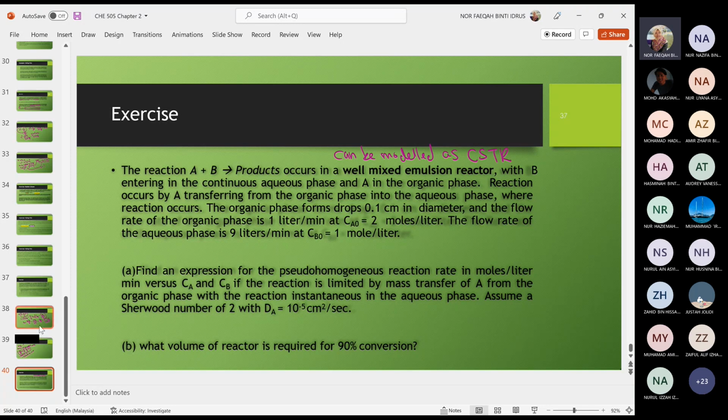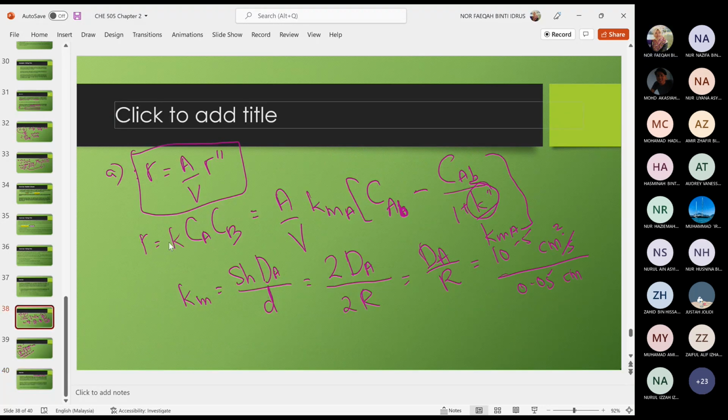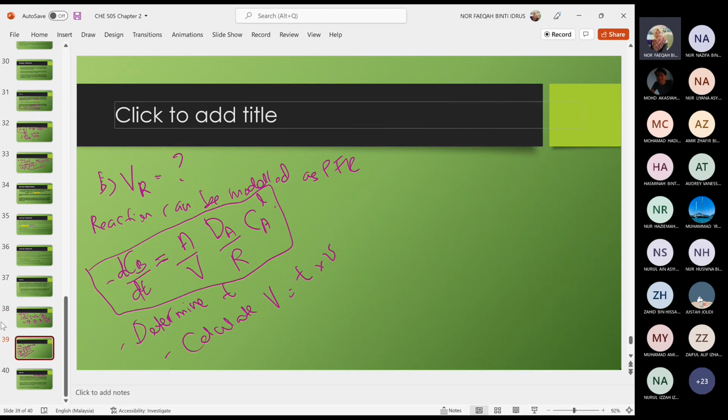Tapi mass balance dia sama. Mass balance, this is the mass balance. But when you want to solve the reactor design, dah tak guna yang ni lah.